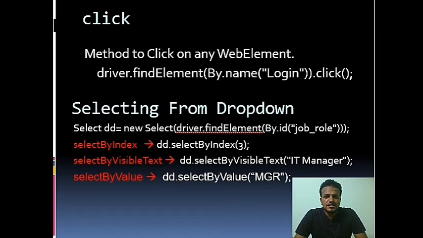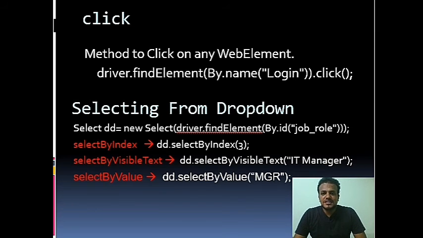A constructor is used to initialize a class object. We all know this. Now, this Select class comes from a separate package altogether, that is the support UI package, where you need to go and get these capabilities to select a value from a drop down. We have to go and get it from the particular class and then use the methods to select a value.